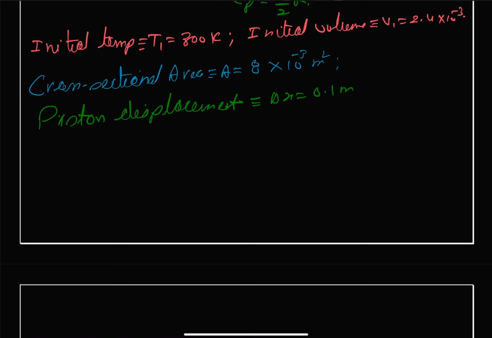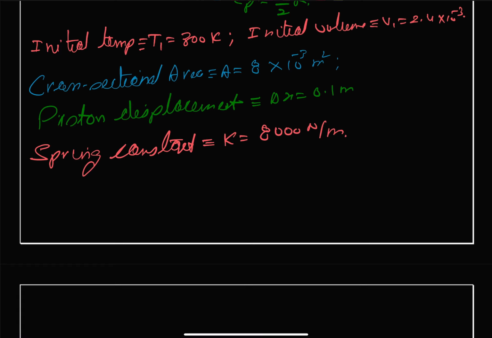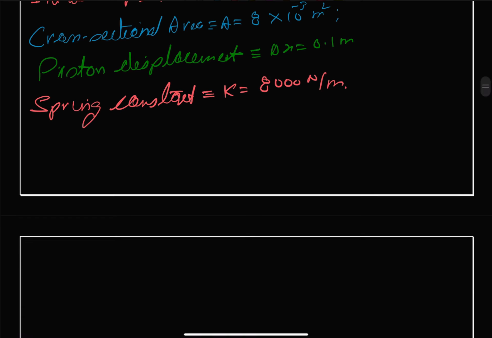We are also given the spring constant K as 8000 Newton per meter, and atmospheric pressure, let us put this as PA, that is 1 into 10 to the power 5 Newton per meter square.